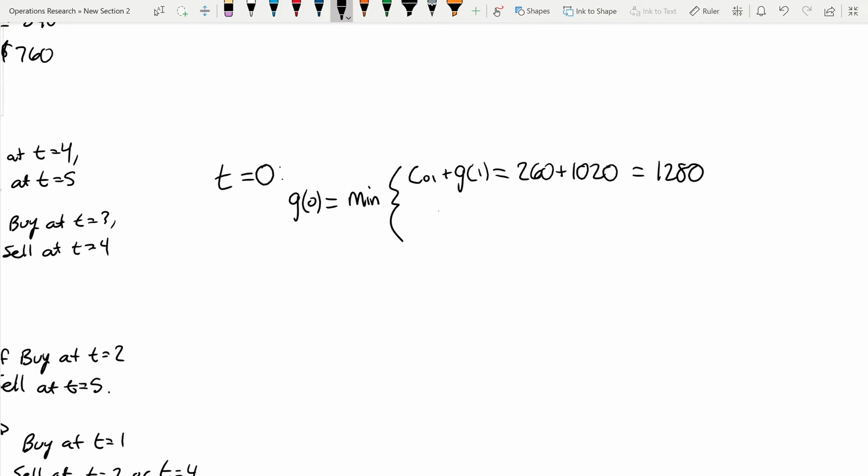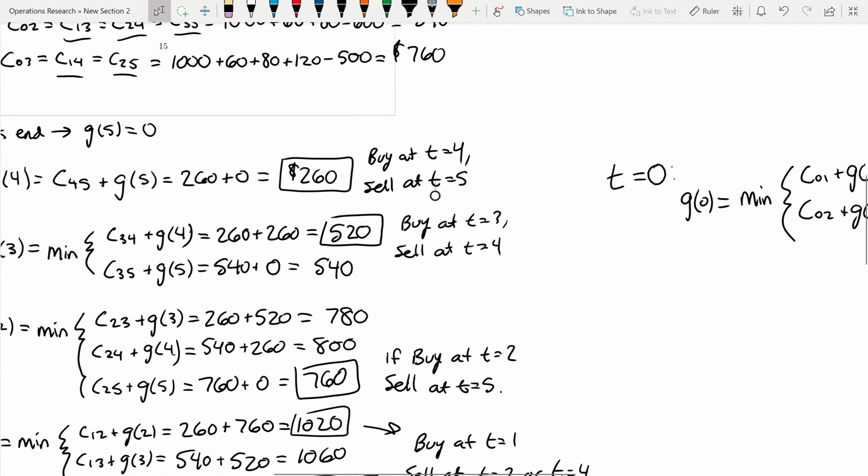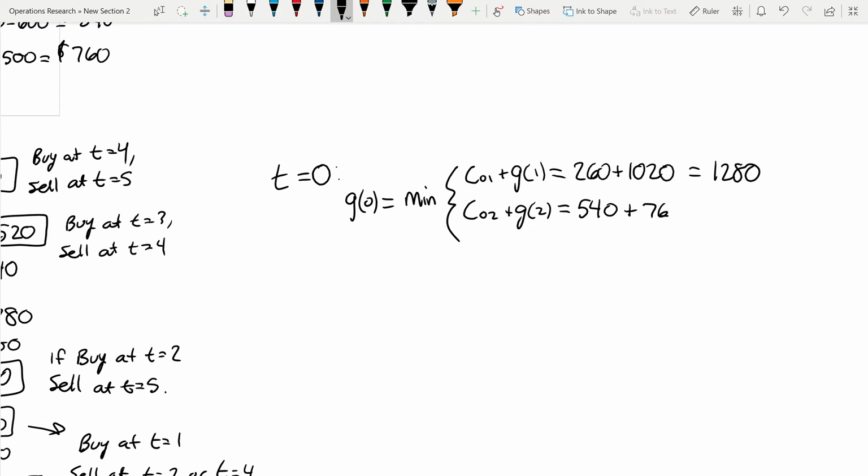We can go from year 0 to year 2 and add G2, which is going to be, I have them kind of memorized by now, 540 plus, and we said G2 is 760. So 540 plus 760 is 1300. Or we can go from year 0 to year 3 and add G of 3 onto that.